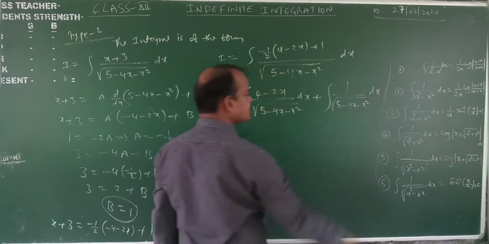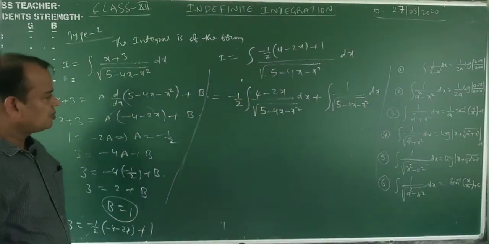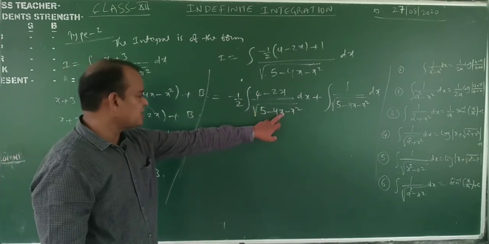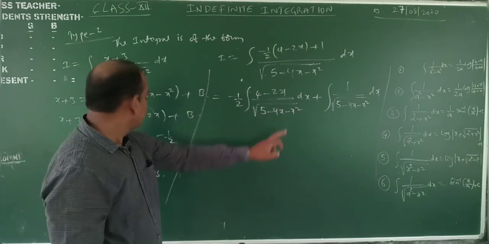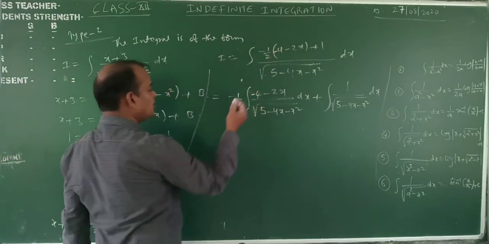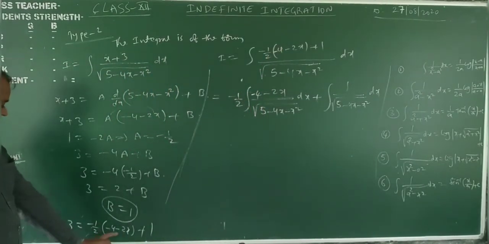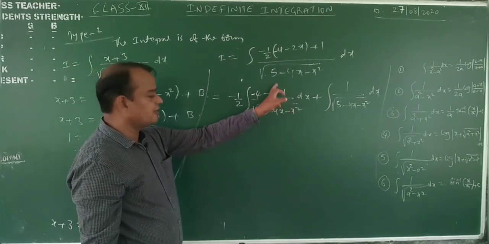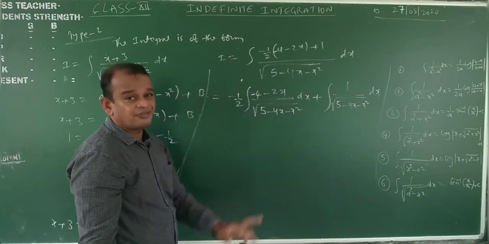Okay, my dear students, 100% this is f dash of x by root f of x. Here 5's derivative is 0, minus 4x derivative is minus 4, minus x square derivative is minus 2x.